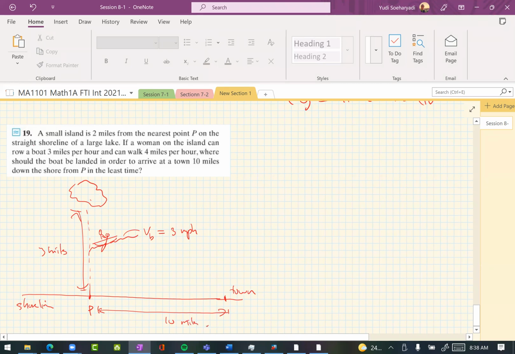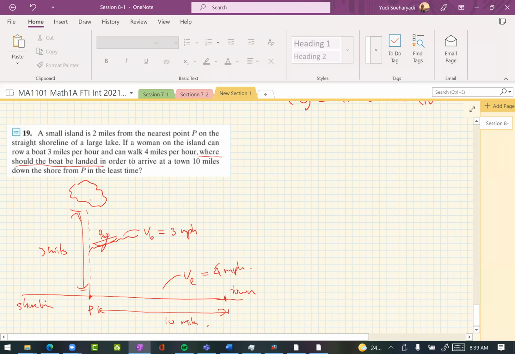Okay. So the question here is where that person should land, here or somewhere here, to minimize the time on land, which is 4 miles an hour, in order to arrive.